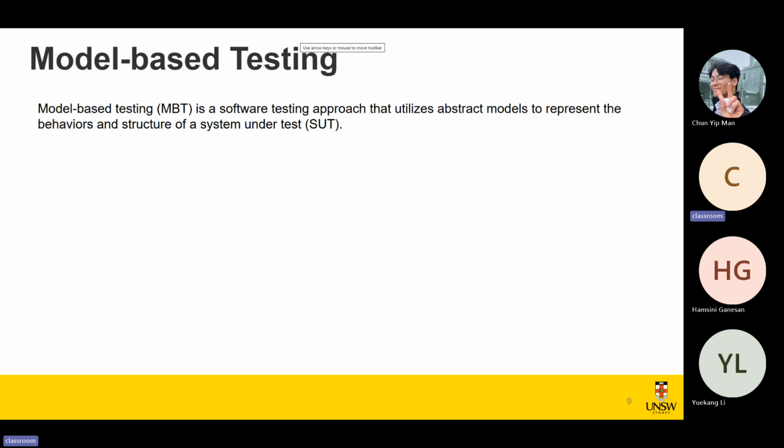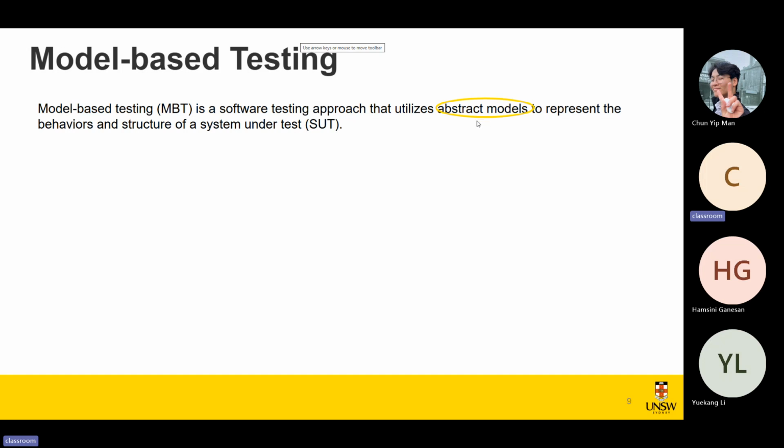This is because the behaviors of much of the software we use today could be captured by models. Instead of testing the software just based on its implementation, we can test the software based on the models, to check the behavior against the models.